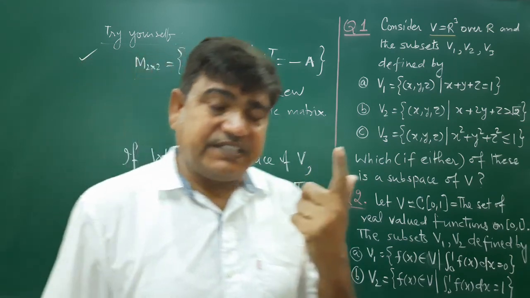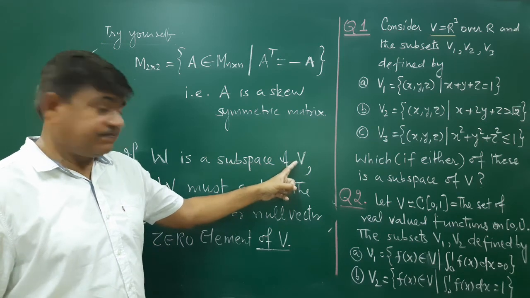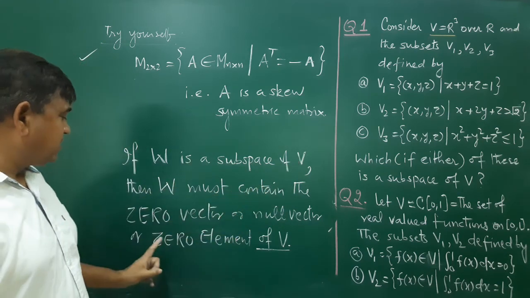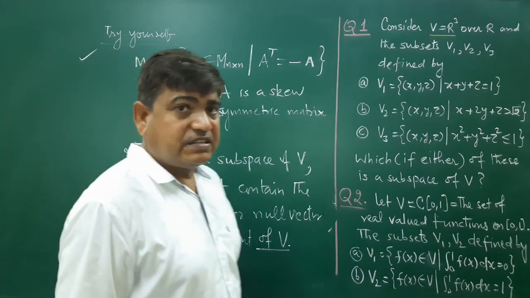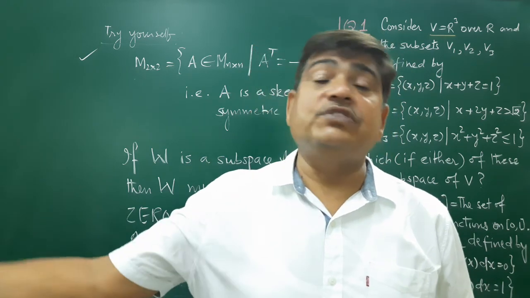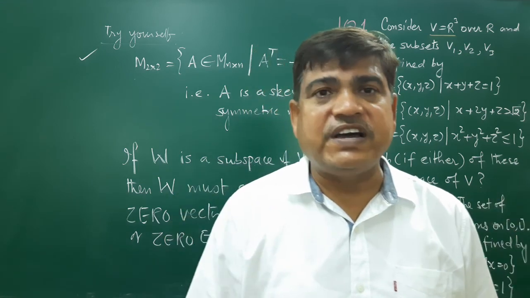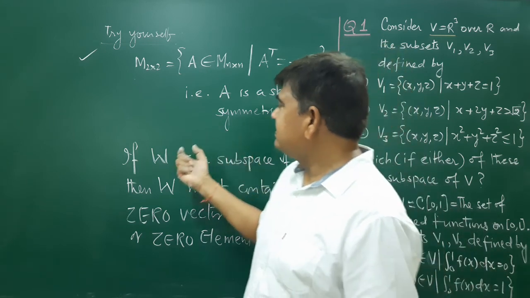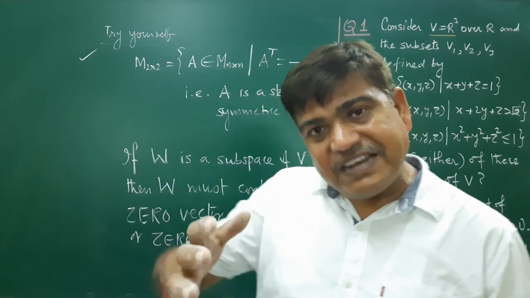So this is the trick. If W is a subspace of V, then W must contain the zero vector of this. It means if we want to prove the given set is a subspace of the given vector space, the shortcut is you just identify whether the zero vector is an element of W or not. If it is, then you can proceed.